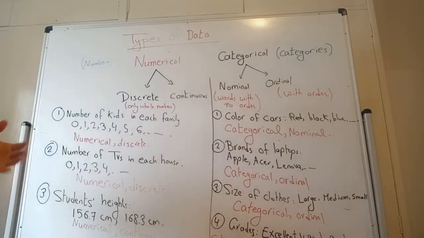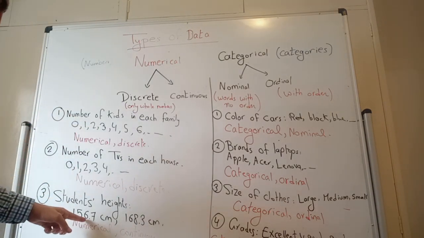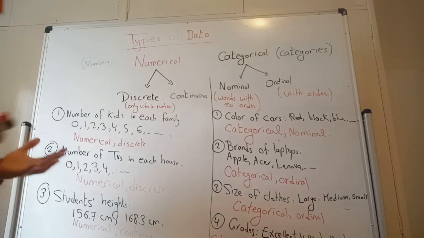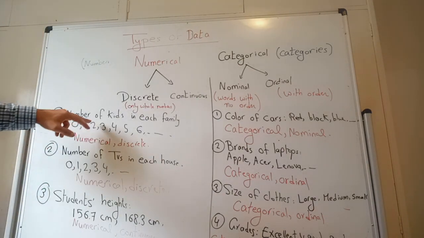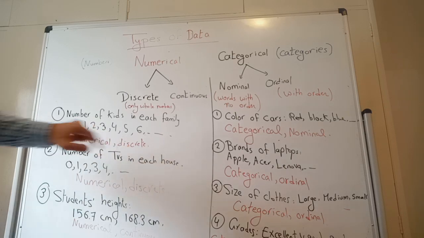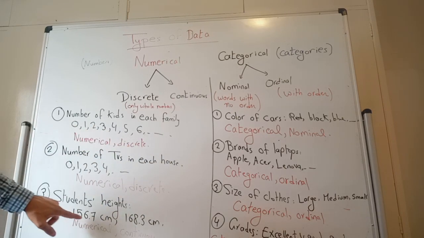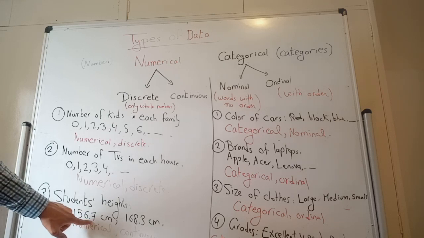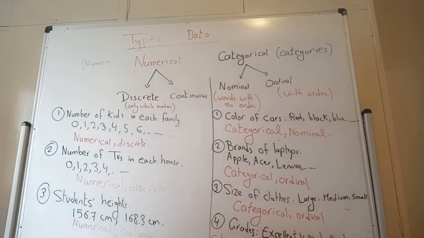Continuous, when you can have decimals like 156.7, 3.5, like that. So number of kids can only be whole numbers, so numerical and discrete. Students' heights, it's numbers, but it accepts decimals, so numerical and continuous.